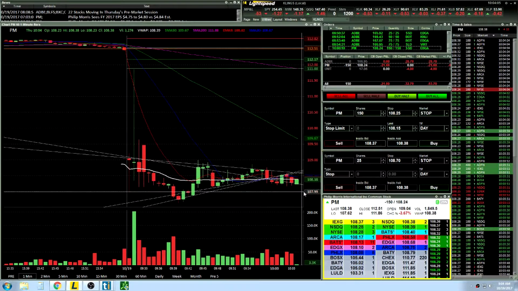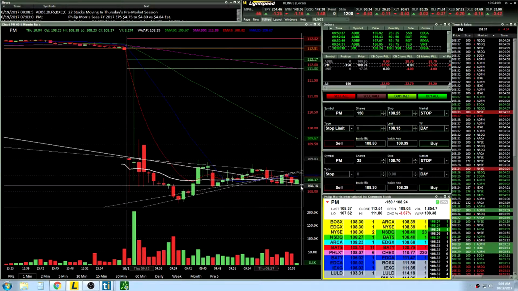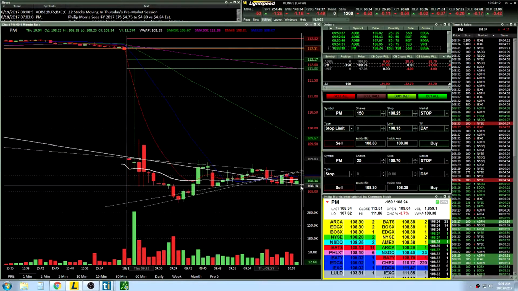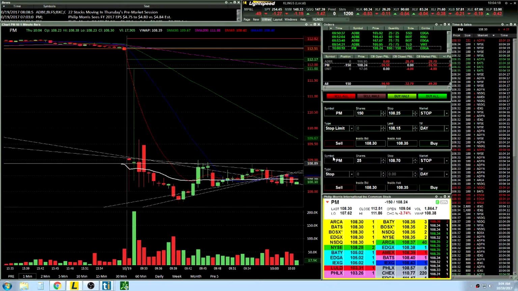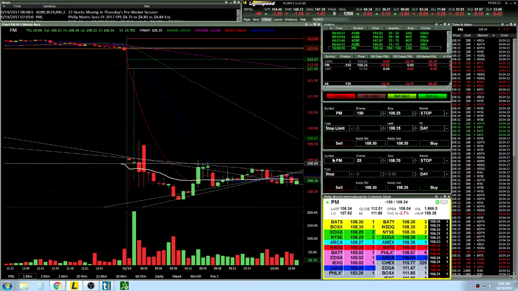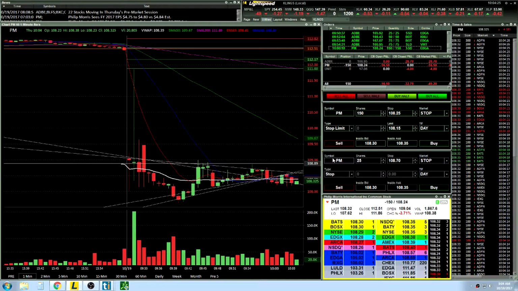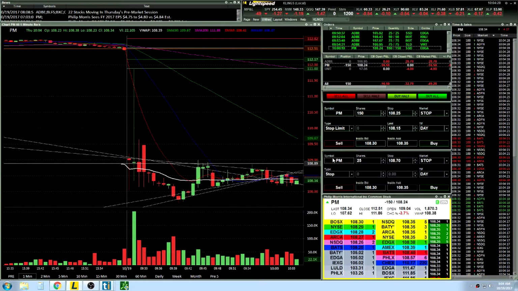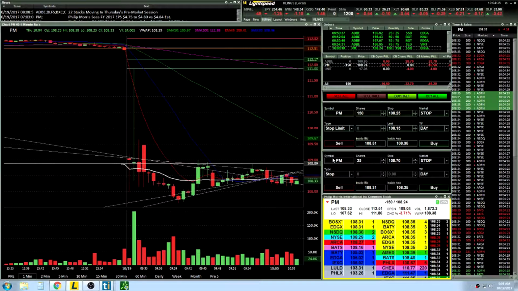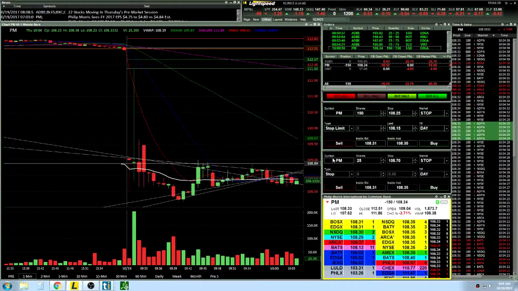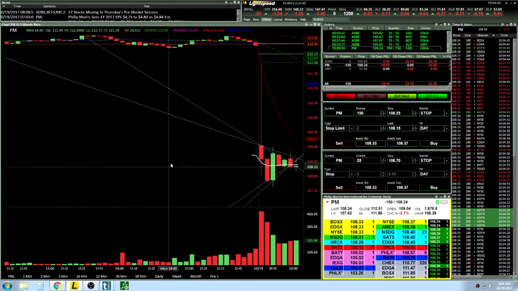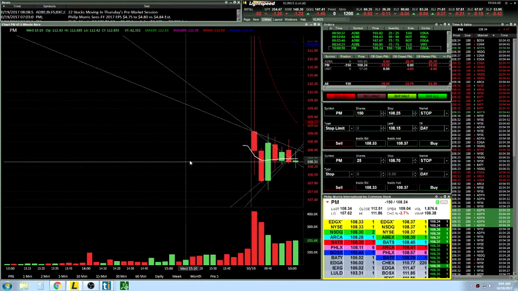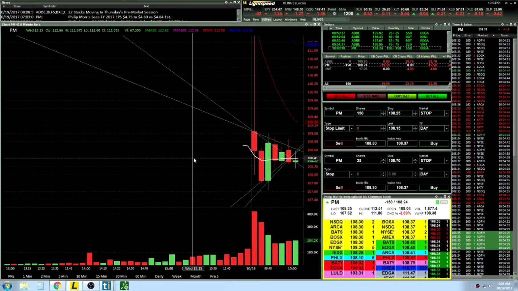It is really not liking this area. Well, it's going to stay below the VWAP still, so it's not dead to me yet.